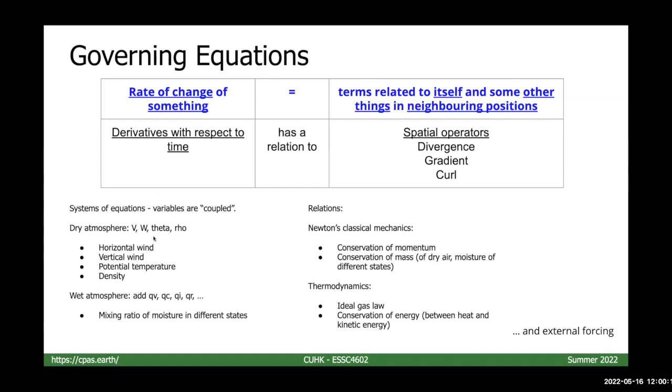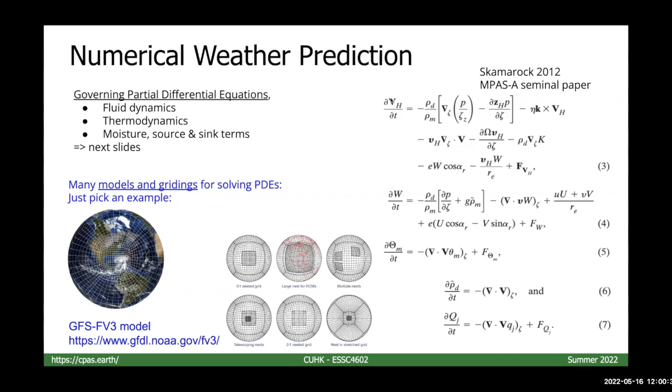So what are the something? For dry atmosphere, that include horizontal wind, which is denoted as V, and vertical wind denoted as W, potential temperature denoted as theta, and then density denoted as rho. So you see the ∂ something, ∂t is V, W, theta, and then rho.